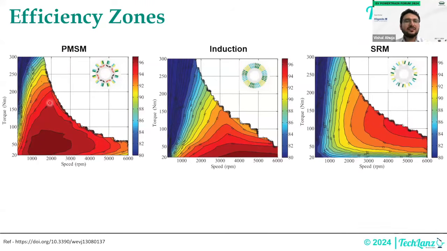The difference is the efficiency zone, the operation zone, that makes it different. If you see this, the PMSM has a wider efficiency zone in a larger band of operation, right? Whereas your induction motor has its peak efficiency in the very field weakening zone, very high speed and low torque conditions. Your SRM has a peak efficiency zone at mid torque and high speed conditions.